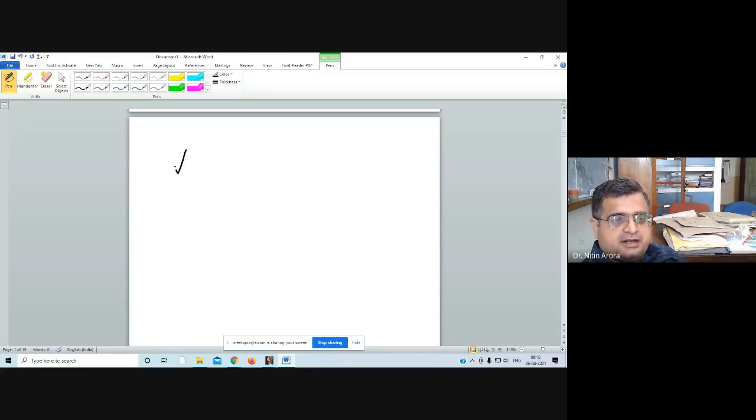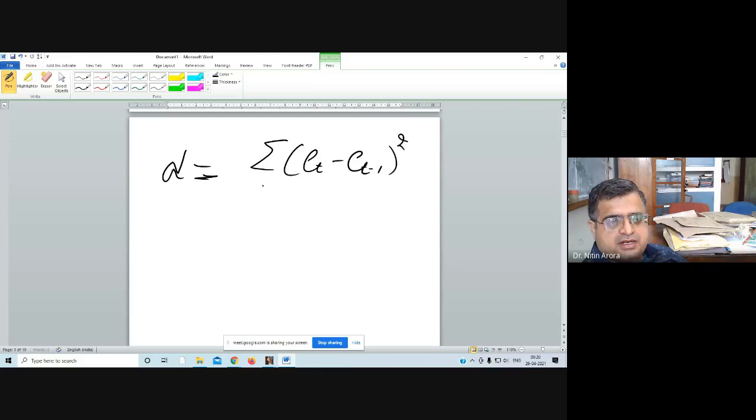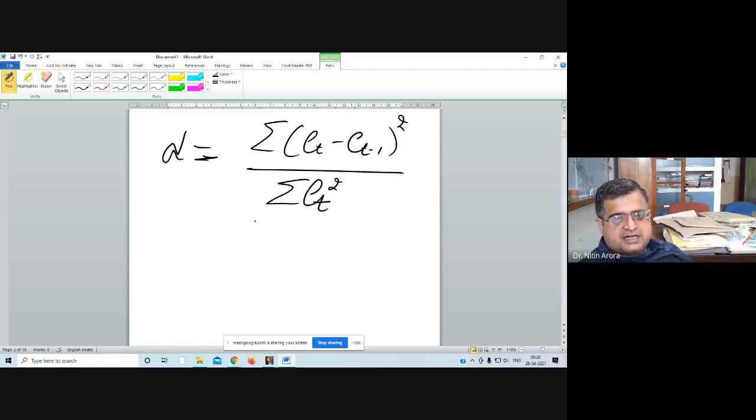The Durbin-Watson statistic, or D statistic, is summation of (Et minus Et-1) whole square upon summation Et square. Do you remember? Yes, sir, the Durbin-Watson statistic.